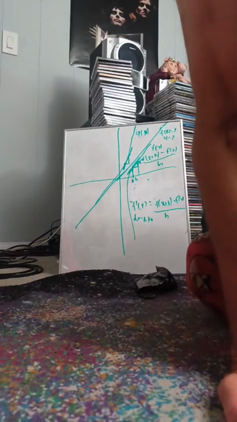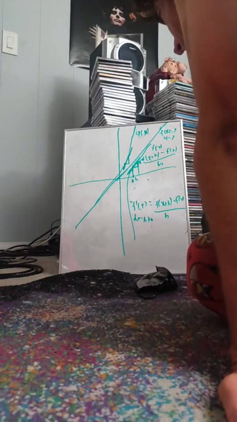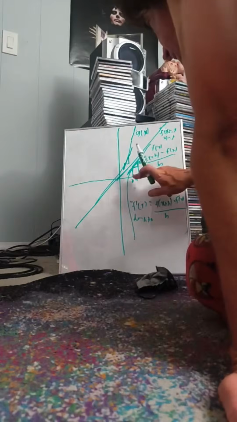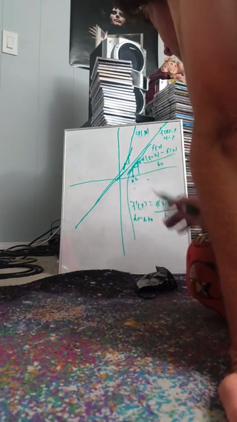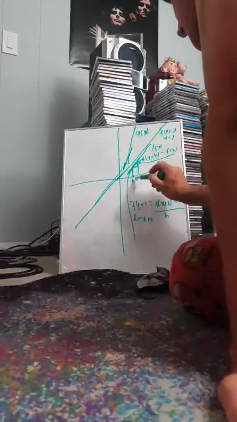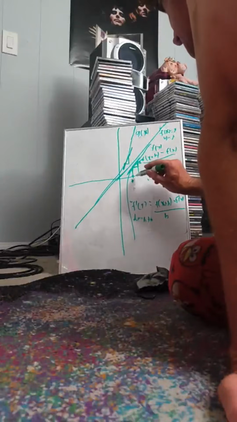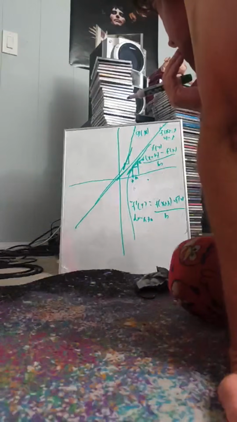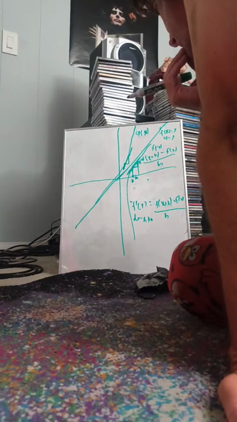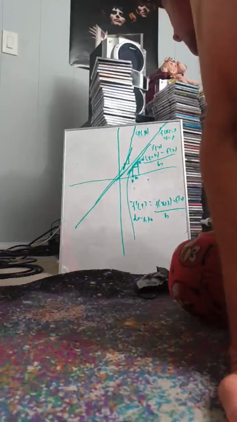So let's do that work. Okay, this is f of a. Let's say this is f of a. H is this little line segment right here. This is a. And what I'm going to do is f of g of x.